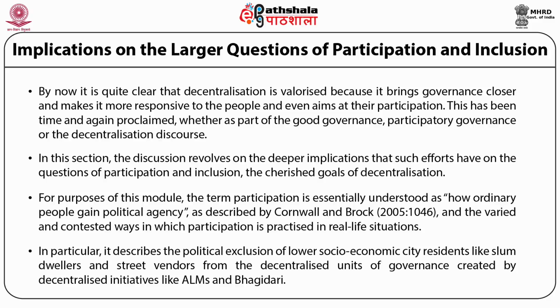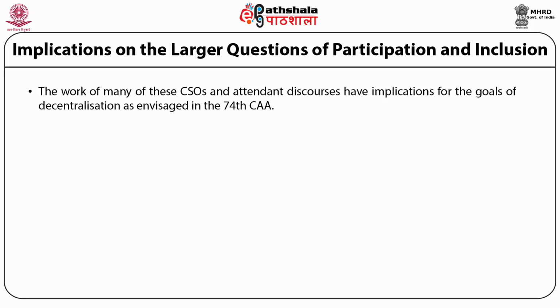In the process of forming partnerships with the executive wing of the municipal authority, citizen groups and civil society organizations often bypass elected representatives. The work of many of the civil society organizations and attendant discourses have implications for the goals of decentralization as envisaged in the 74th Constitutional Amendment Act.